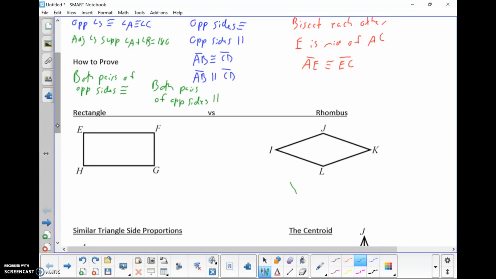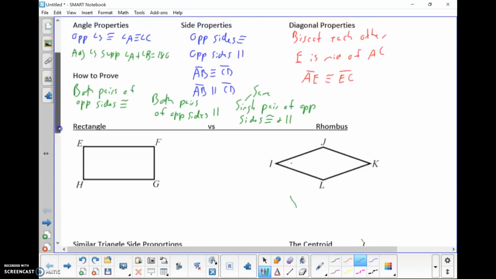or you could do a single pair of opposite sides. But if you're doing a single pair of opposite sides, it's got to be the same single pair. Same single pair of opposite sides, congruent and parallel. And that's always the trap.